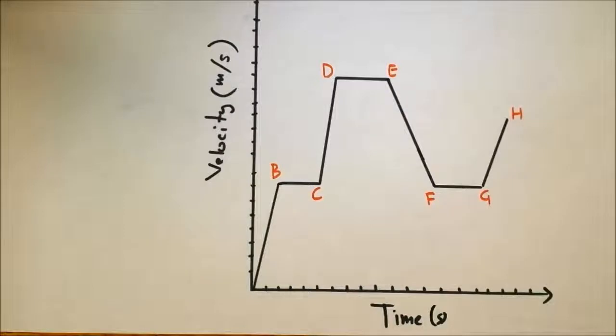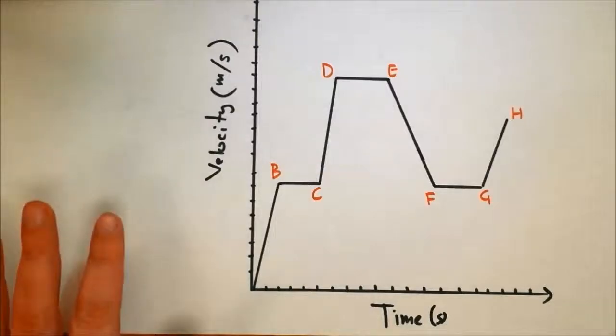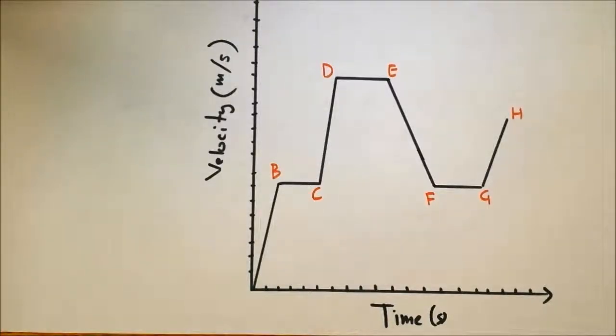All right, number 7, we have another graph, and we're asked to interpret or describe what's happening here. The first thing you want to notice is this is a velocity versus time graph. And in velocity over time, what are we measuring? We're measuring acceleration.